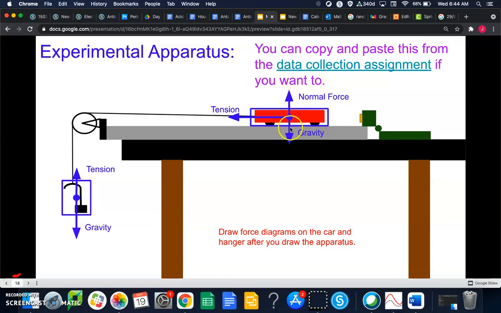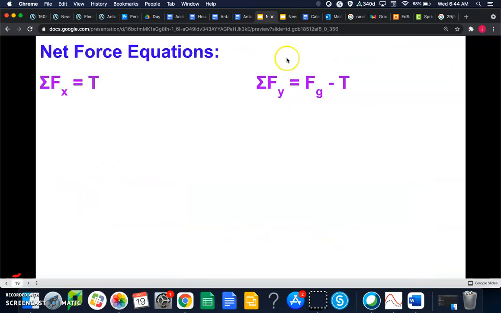So we're not going to include either of those forces. What we are going to include is the tension on the hanger and then gravity pulling down on the hanger. So our sum of forces in the y direction is our force of gravity minus tension.